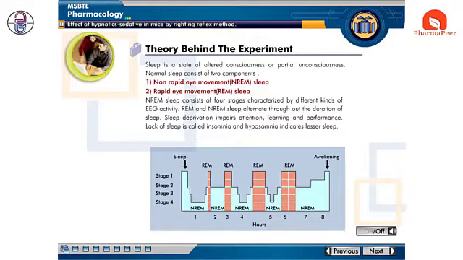NREM sleep consists of four stages characterized by different kinds of EEG activity. REM and NREM sleep alternate throughout the duration of sleep. Sleep deprivation impairs attention, learning, and performance. Lack of sleep is called insomnia, and hyposomnia indicates lesser sleep.